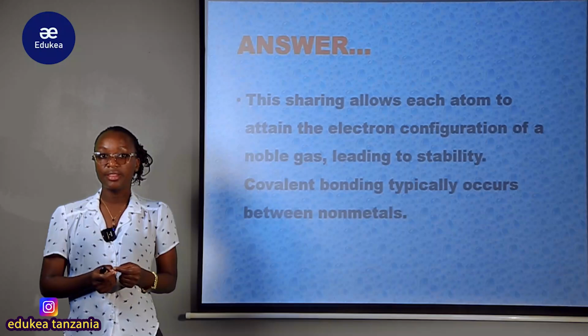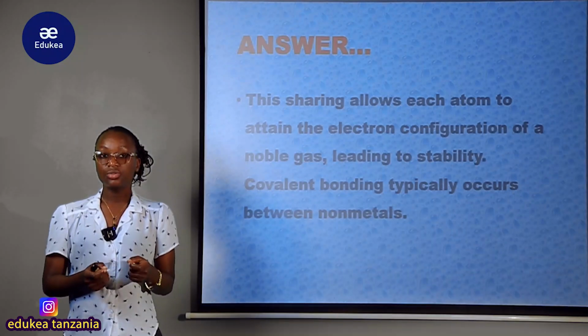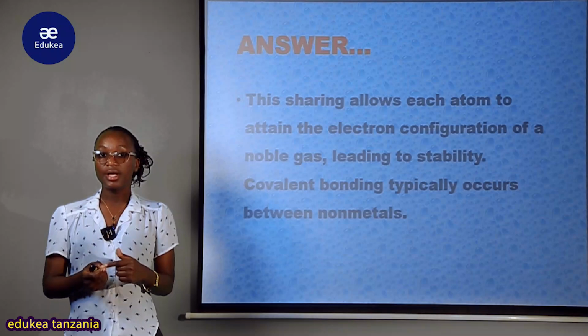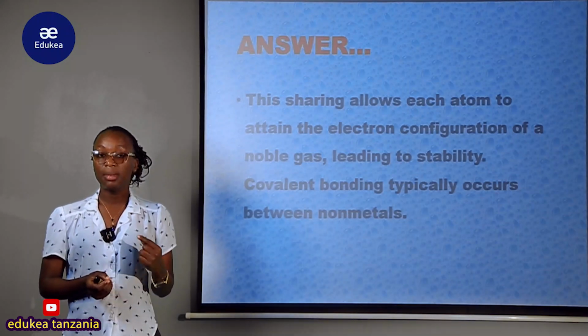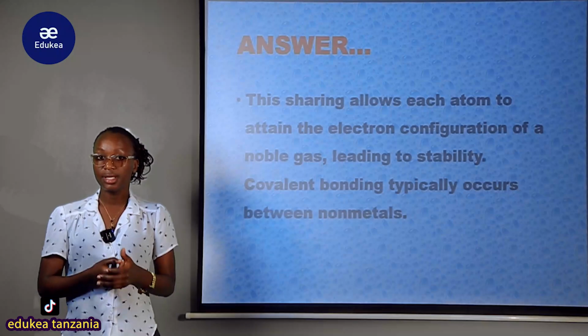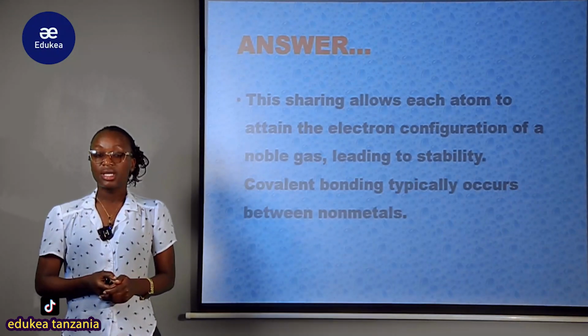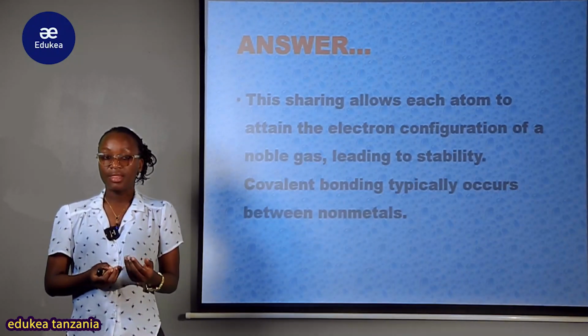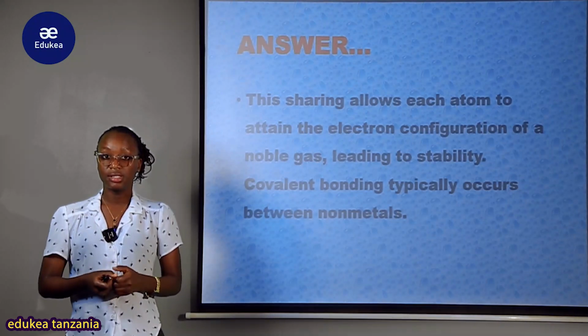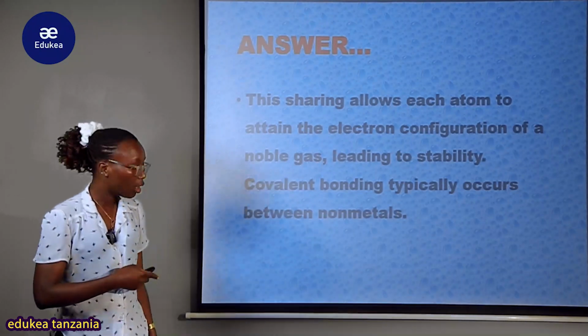So they tend to share their electrons with each other. You can see that every atom or element needs maybe 1 electron to maintain stability or 2 electrons to attain stability, whatever, so they share their electrons with each other so as to maintain stability.